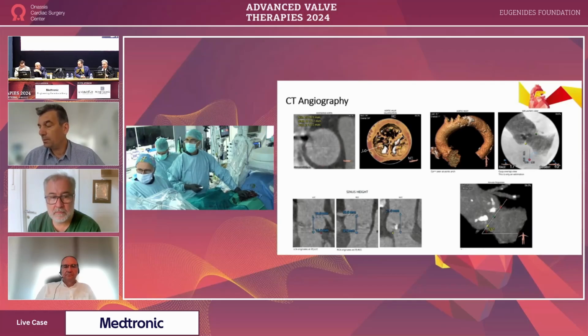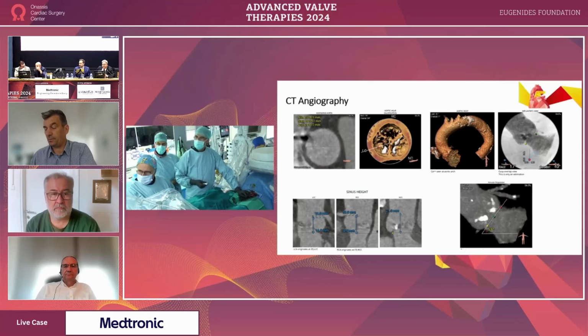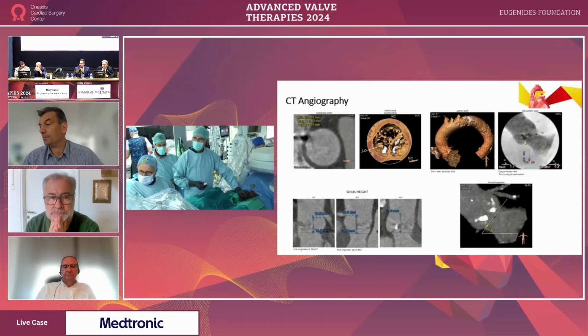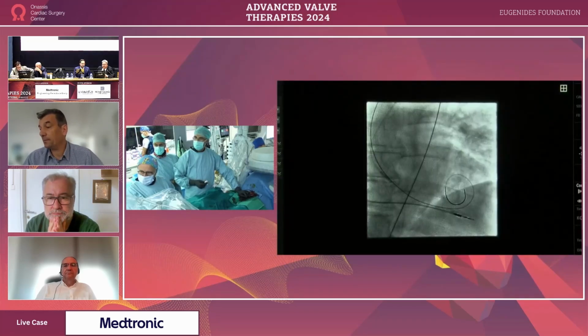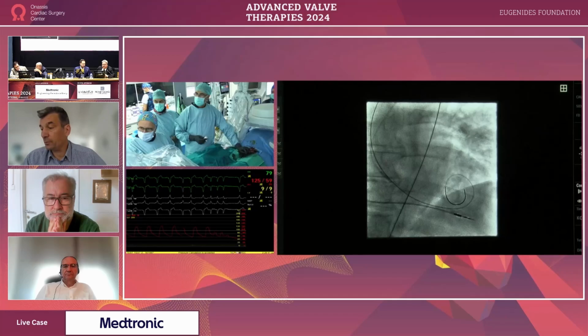Yes. Like everything in TAVR, with your experience, the decision-making becomes more complicated because we know more, okay? Like Hippocrates said, as much as I know more, I see that I know nothing.